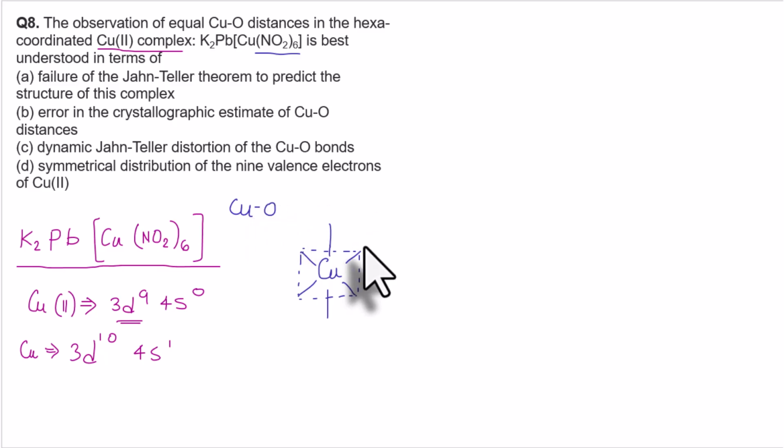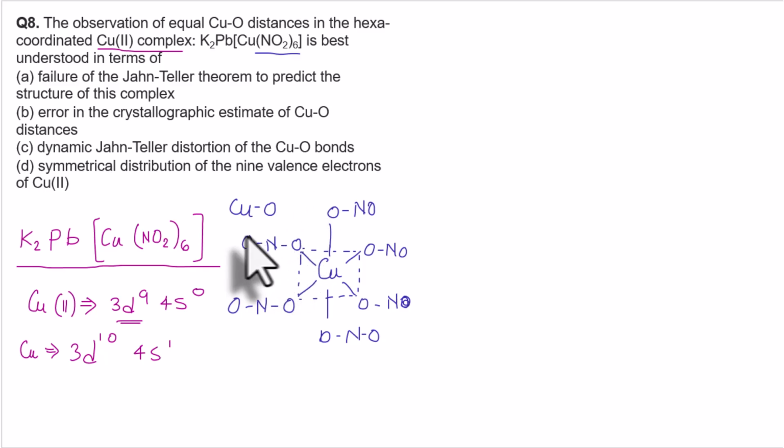Cu-O bond means NO2 is coordinated through O, like O and O here. So the ligands are coordinated with copper like this, ONO, ONO. That is why we are specifically asked about the Cu-O bonds.